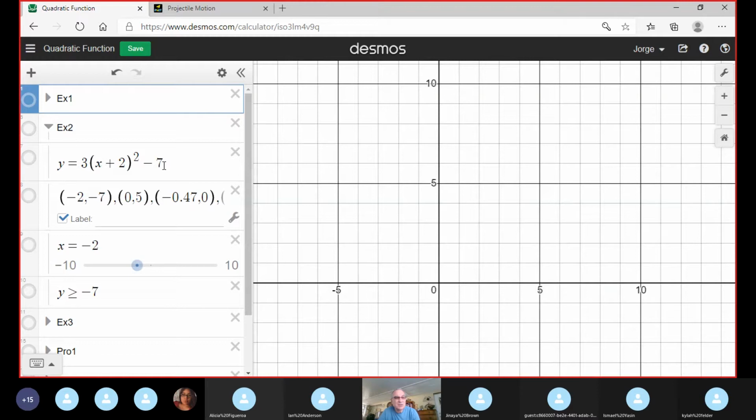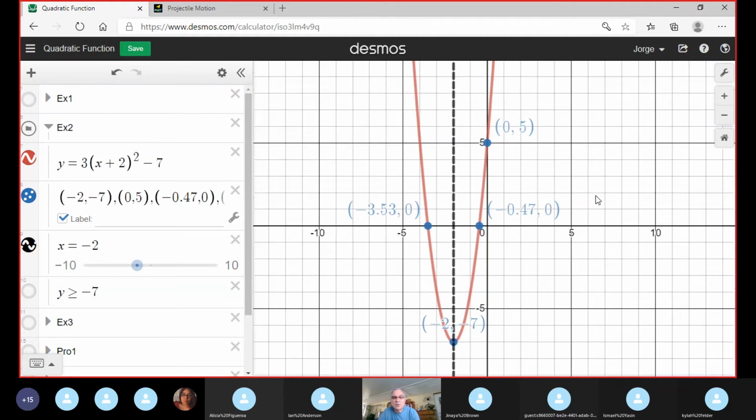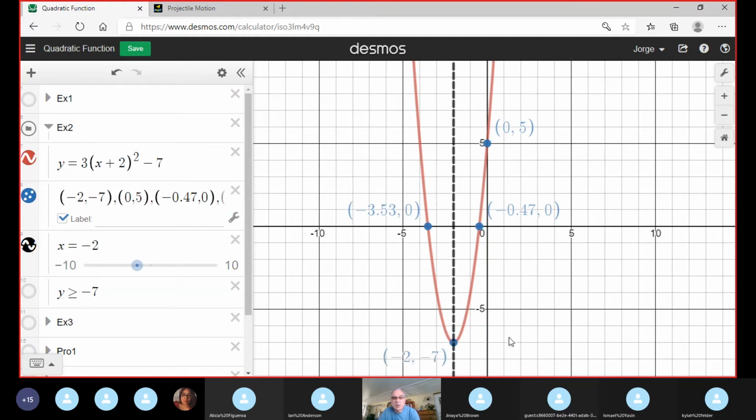Okay, the parabola opens up. Look, the vertex is the point -2, -7. Look here, the y-intercept is the point 0, 5, and the x-intercepts are the points negative 3.53, 0 and negative 0.47, 0. Exactly as we predicted using the quadratic formula.